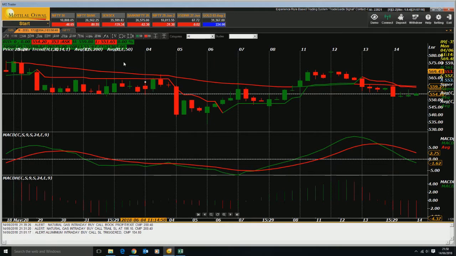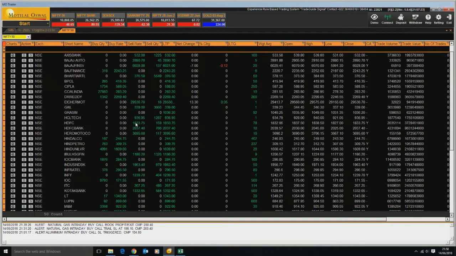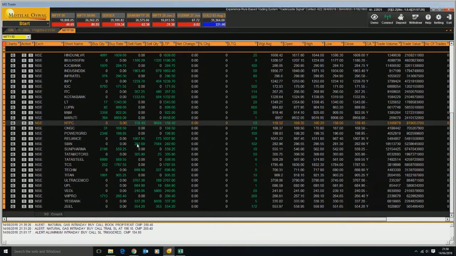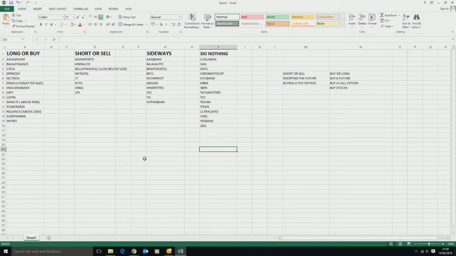So we have completed all those Nifty stocks as per our analysis. Now let's analyze. We have seen these shorts, longs, sideways, do nothing, but what feel do you get from this? You have approximately 14 stocks for buy, 8 stocks to sell, 9 stocks which are in a sideways market, and approximately 15 to 16 stocks where you do nothing.